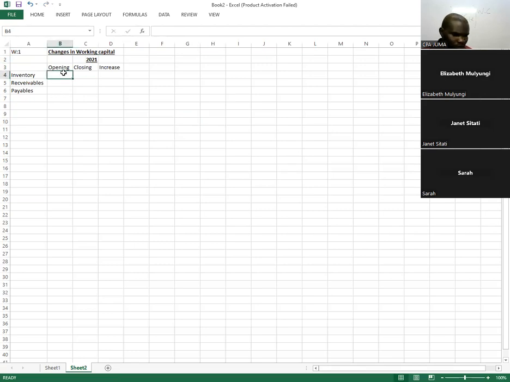Opening for 2021, opening inventory, you take 2020. 2020 is the opening for 2021. So you will come here and take 15,000 opening inventory. Then closing is the one in 2021, which is 21,750. So it increased from 15 to 21,750. So you say it equals this minus that.